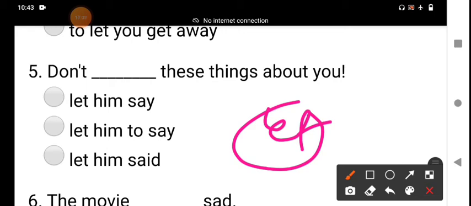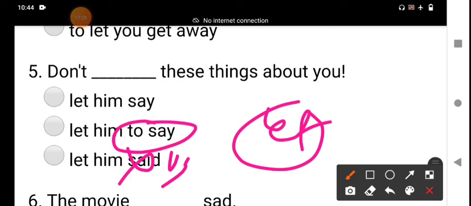Imperative sentences are also constructed through causative verbs. Here the right answer is let him say. "To" is not considered. "Let him said" is wrong construction. We should not use V3 or V2. The first one is the right answer.